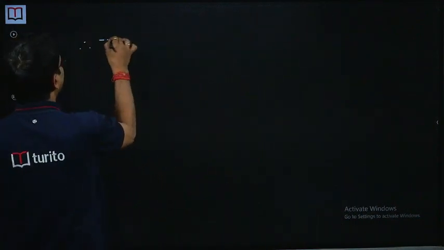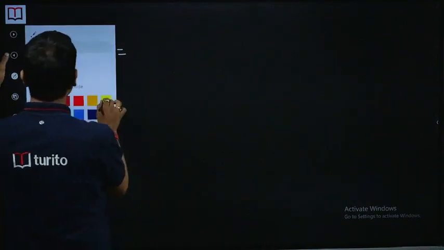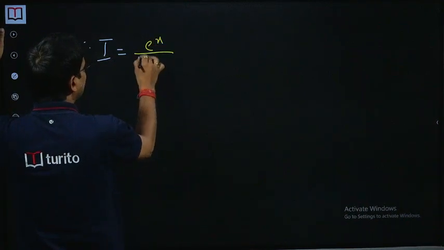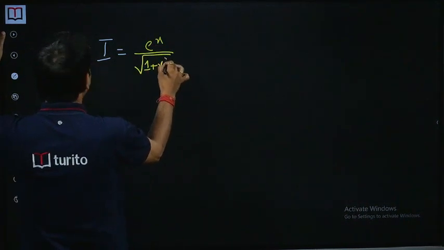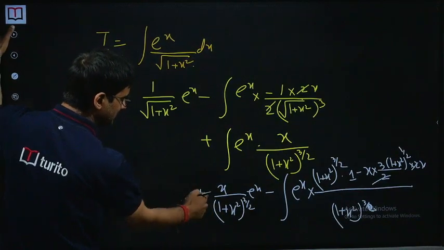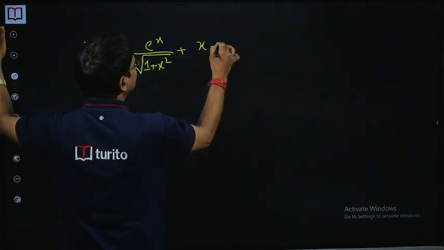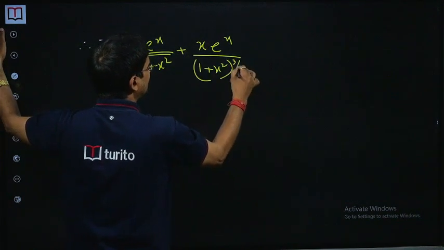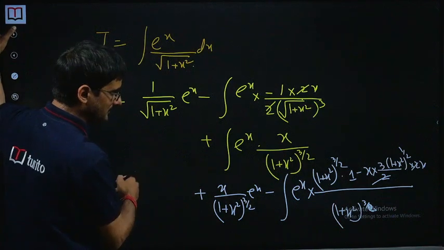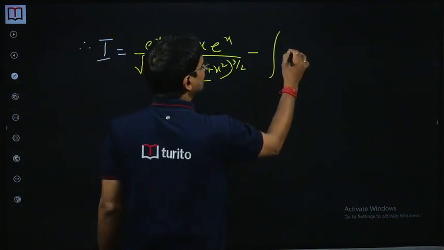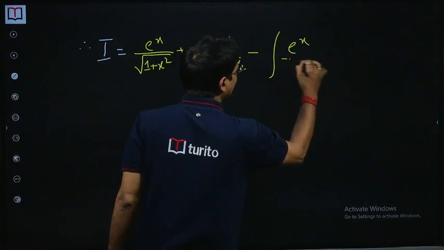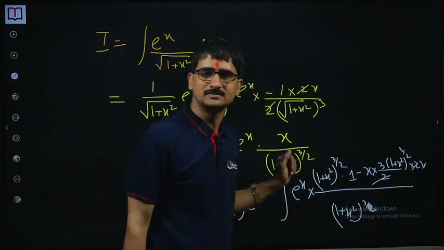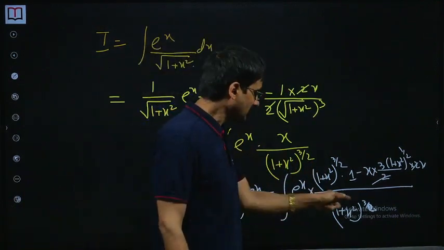So therefore our integral is, just a minute. We have the first term e raised to the power x upon under root of 1 plus x square, and then the second term plus x times e raised to the power x upon 1 plus x square raised to the power 3 by 2, and then the third term within the integral, which is minus e raised to the power x upon, as is clearly visible, under root of 1 plus x square from the numerator common, and then it gets cancelled.